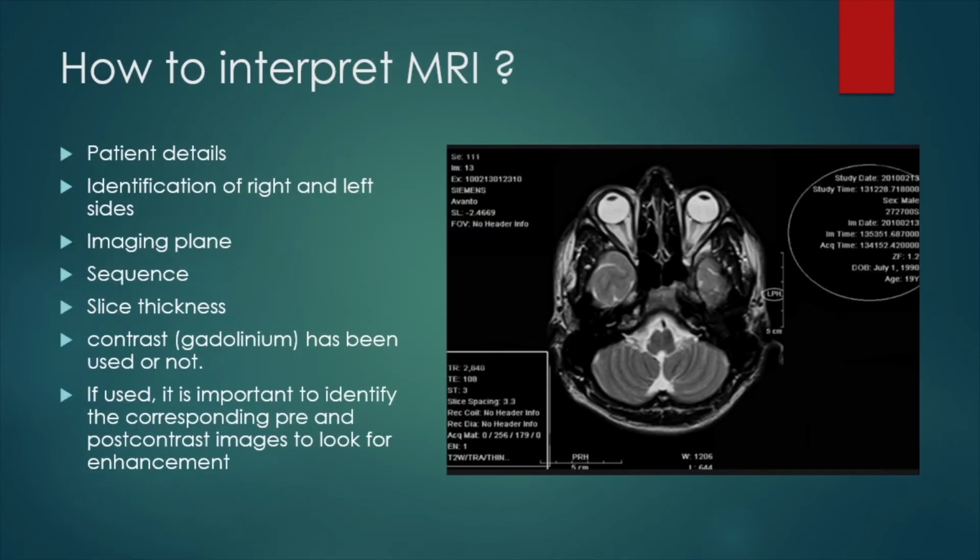Interpretation of MRI. When we are given an MRI film, we see the left side for the patient's details, and the identification of left or right is based on the marker. The imaging plane can be axial, coronal, or sagittal. We note the sequences being used, the slice thickness, which would differ, and whether contrast is used, and if it is, whether the lesion is enhancing or not.